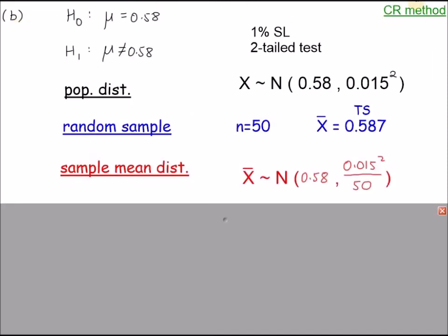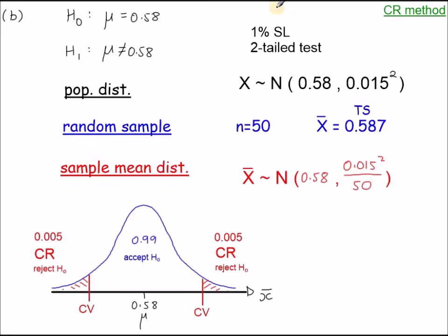So part B, this is the critical regions method, so everything is the same initially. So this 1% is split equally into each of these two critical regions. So that would be a probability of 0.01 if you split that, 0.005, 0.005, and 0.99 in the center, the mean.